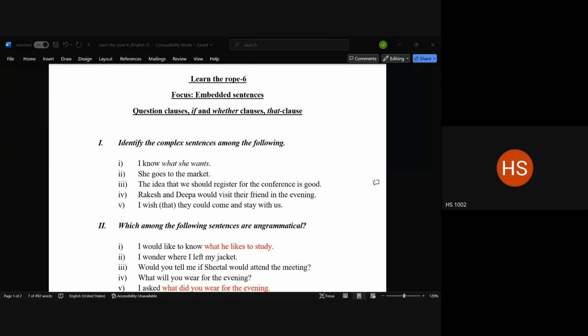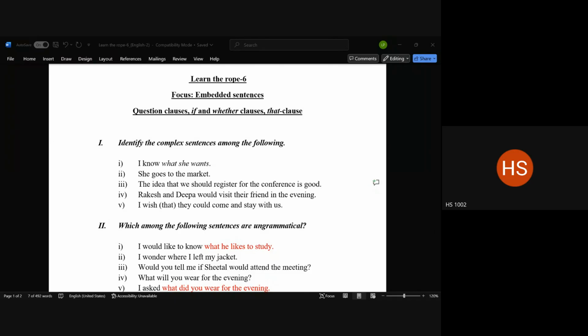Right? The other one cannot because it's an adjectival clause and it's basically additional information provided about the noun, the idea. But that we should register for the conference is co-indexed or related to the idea, or it stands for the phrase, the idea itself. So this is the difference.